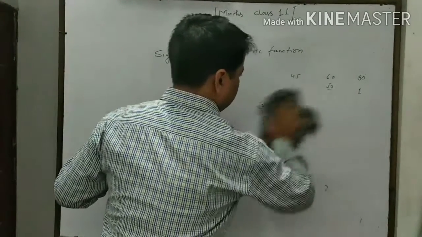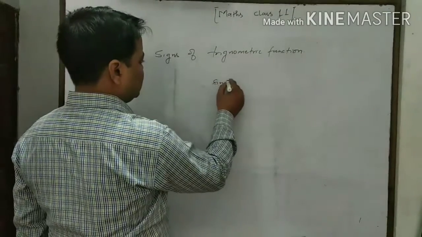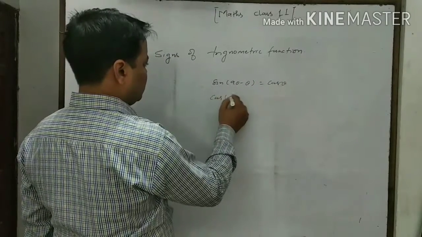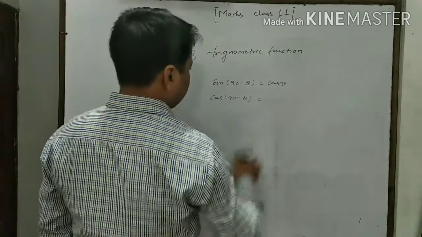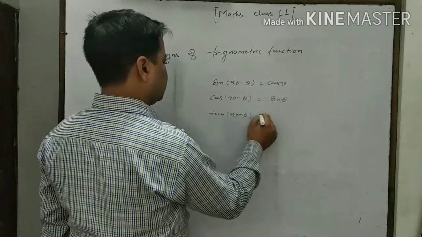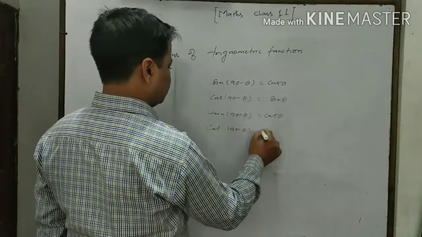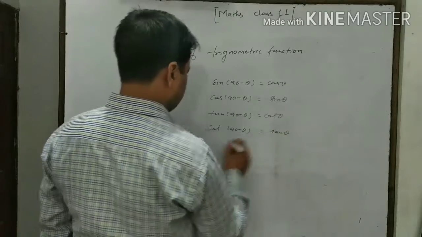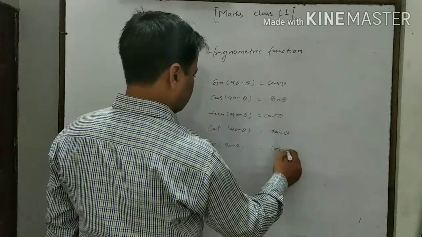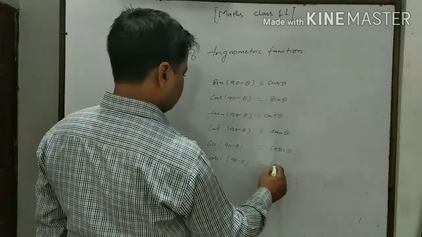One more thing which we discuss in class 10, that is sin 90 minus theta is equal to cos theta, cos 90 minus theta is equal to sin theta, tan 90 minus theta is equal to cot theta, cot 90 minus theta is equal to tan theta, sec 90 minus theta is equal to cosec theta, and cosec 90 minus theta is equal to sec theta.